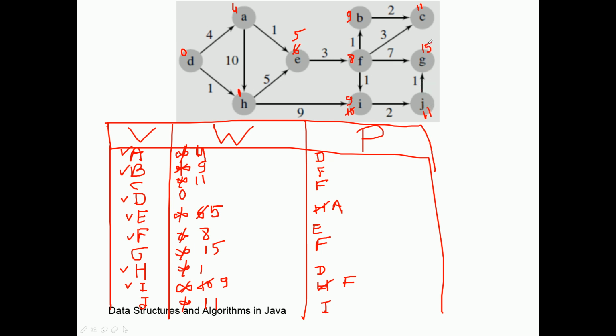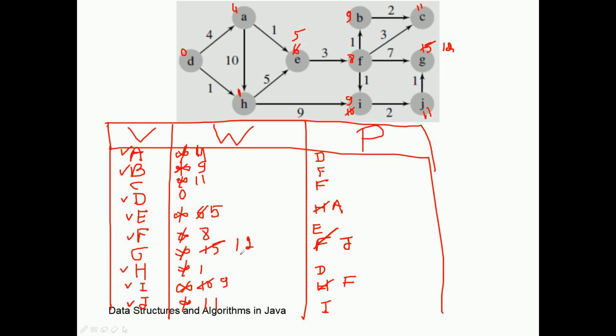So it will become 12 instead of 15. I found the shortest, so I'm going to remember it. G now, instead of 15, I found the better one with 12, coming not from F, but from J. And we are done with J.